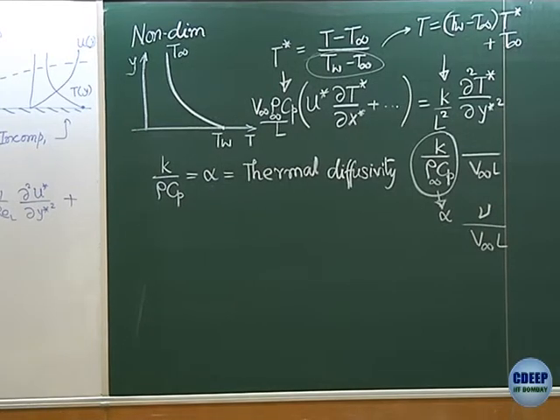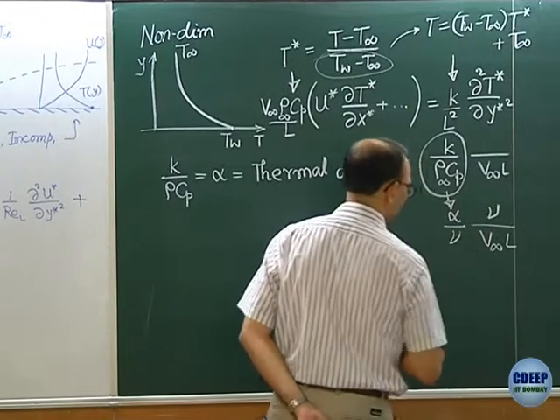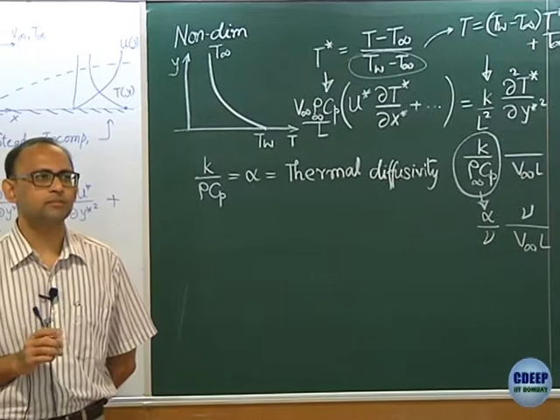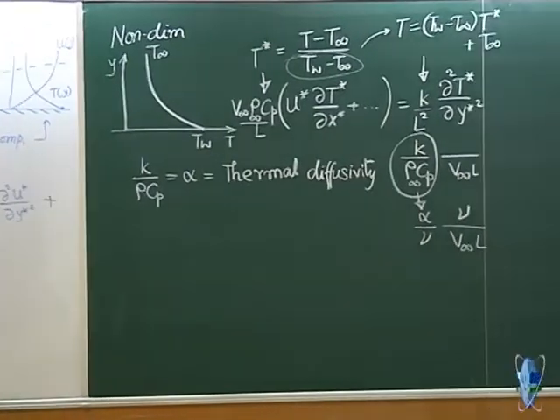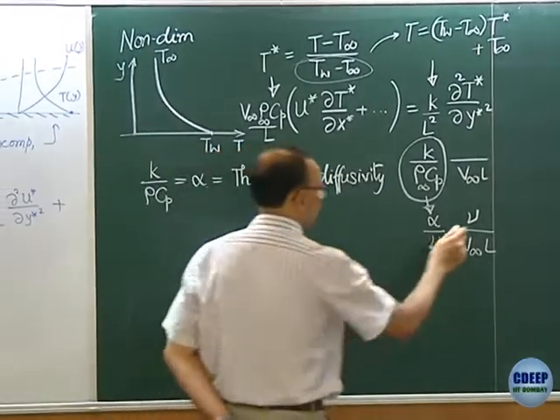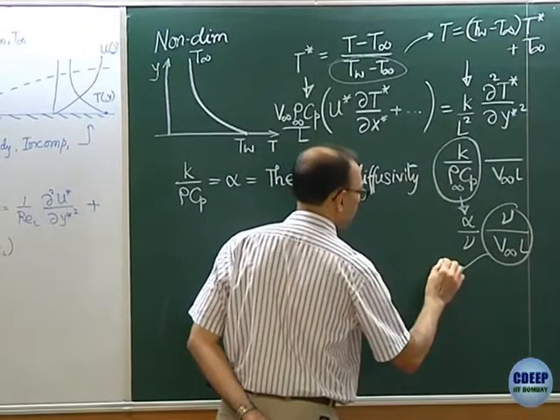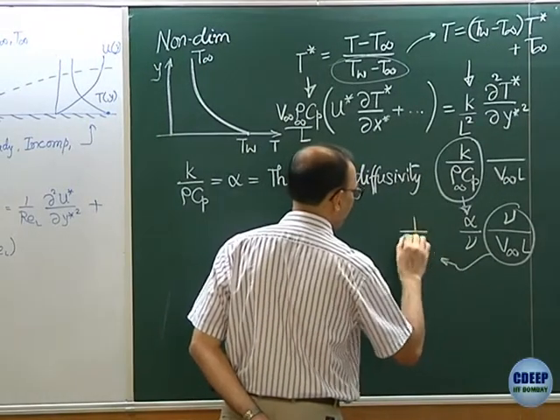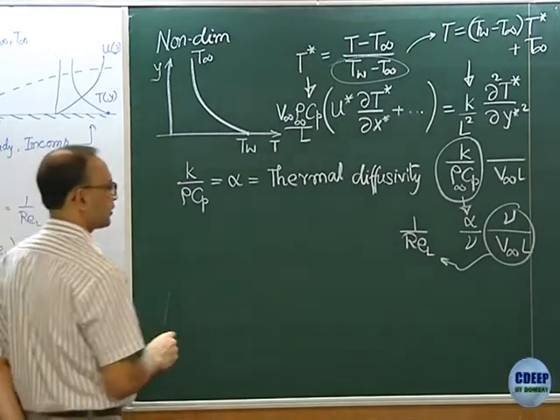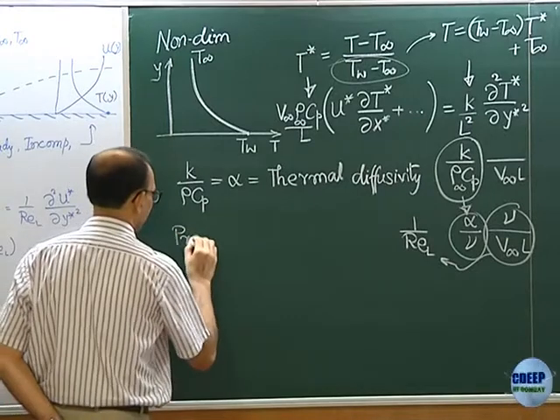We know it's a Reynolds number, and kinematic viscosity on the bottom. Agreed? This one is 1 over Reynolds number, and the other quantity, this group, is called Prandtl number.